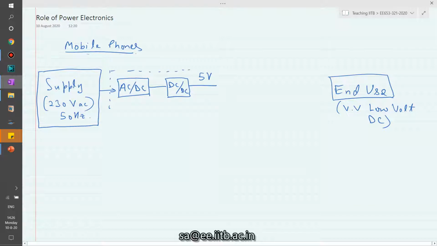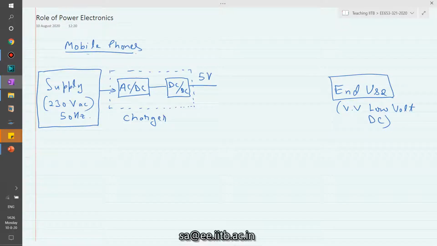So this first processing is nothing but the charger of your mobile phone. It gives a 5 volt output, either a USB-C type or in some other form of port.